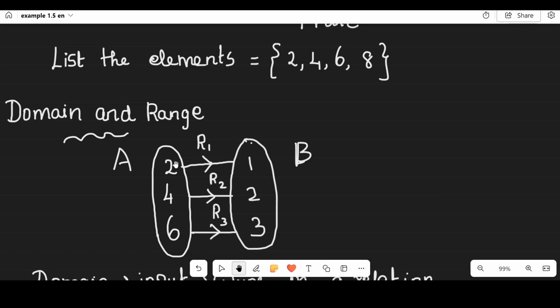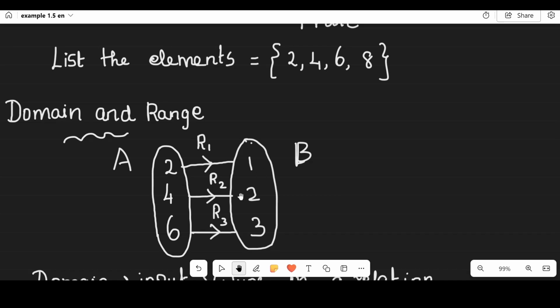R1 represents that 2 has a relation with number 1, 4 has a relation with number 2, and 6 has a relation with number 3. It is represented by R1, R2, R3. This is an arrow diagram.